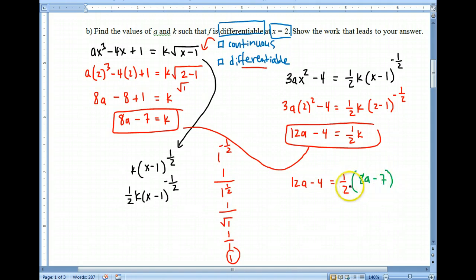So let's solve for a. What do I need to do? Distribute. I could distribute, or I could double everything. So you see I have 1/2. I can take this side and multiply by 2, and that gets rid of that. So then that would be, distribute the 2, 24a minus 8 equals 8a minus 7.